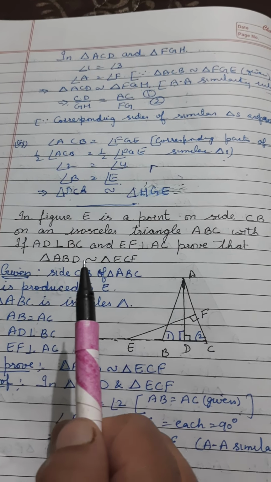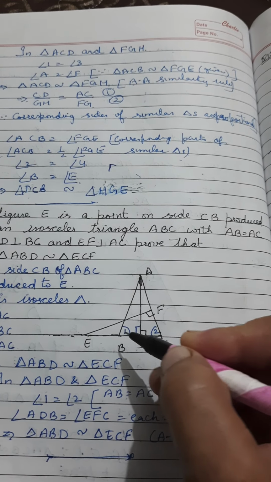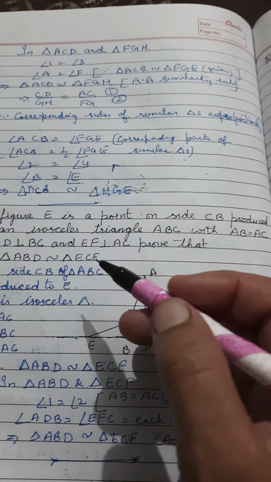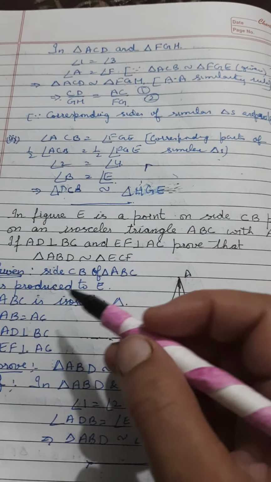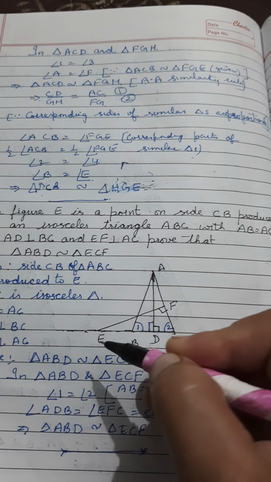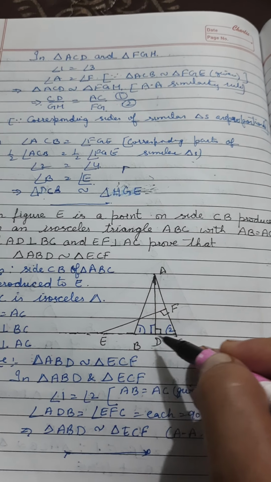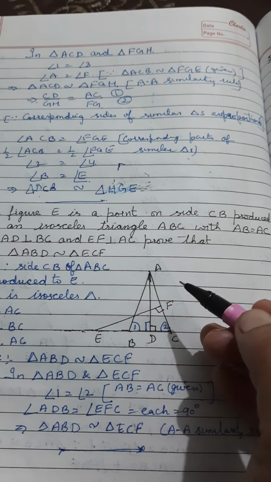AD is perpendicular to BC and EF is perpendicular to AC. Prove that triangle ABD is similar to triangle ECF.